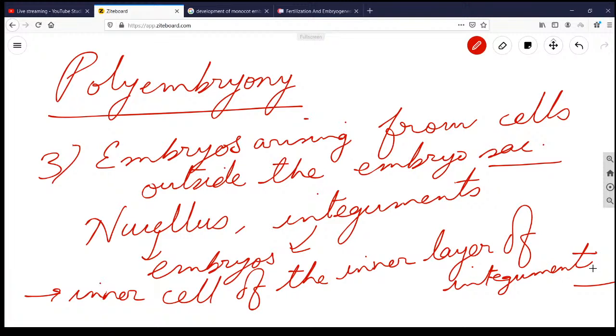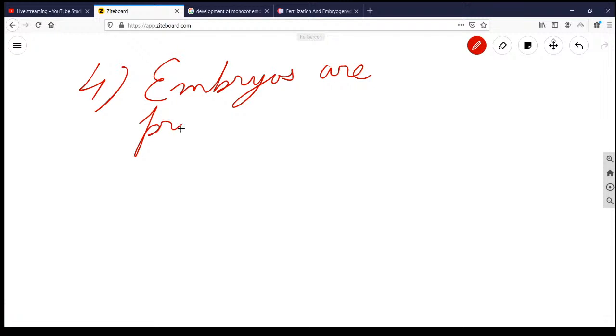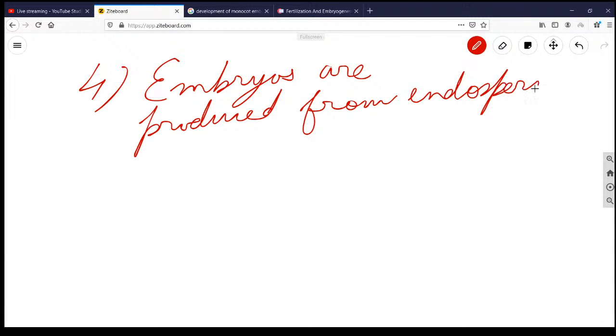Now embryos are directly also produced from the endosperm. This is also a probability and a specific mechanism, right? They have been reported in Balanophora.